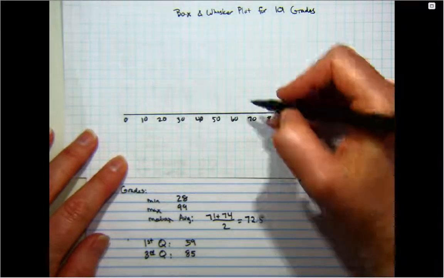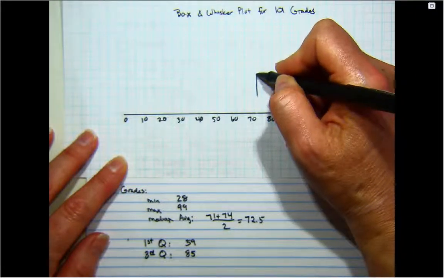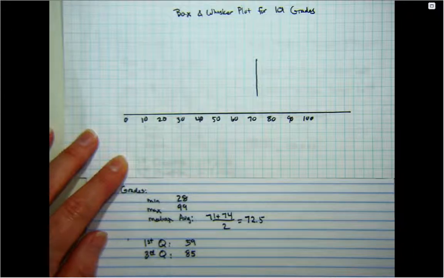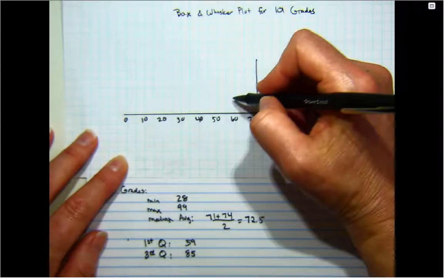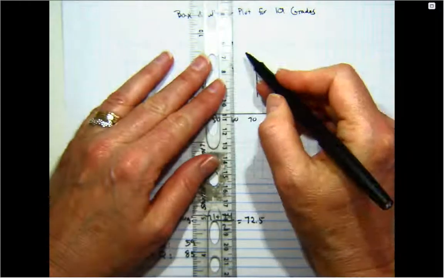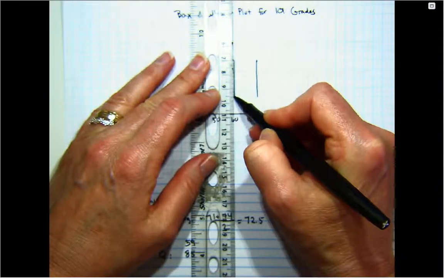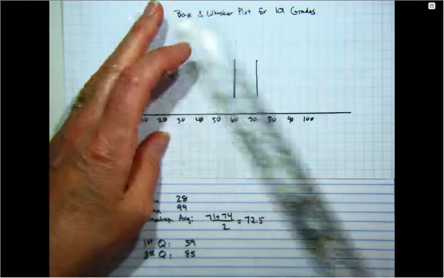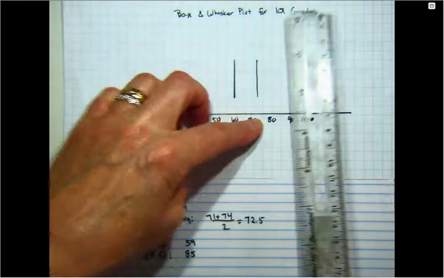Median 72.5, so halfway between 70 and 75. First quartile 59, so very close to the 60. Third quartile 85.